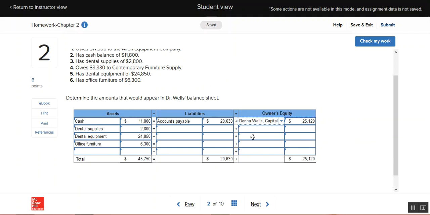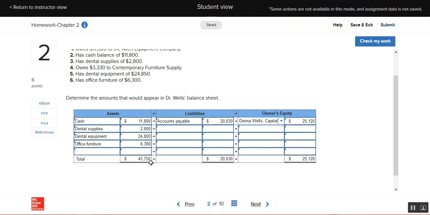So when you read the chapter, you probably remember that the accounting equation just tells us what the company owns, which is our assets, and who has claim to those items, which is your liability and equity. So if you think about it this way, if this company owns $45,750 worth of stuff, has cash and some supplies and equipment and stuff, if they were to sell the company today, who would get that money?